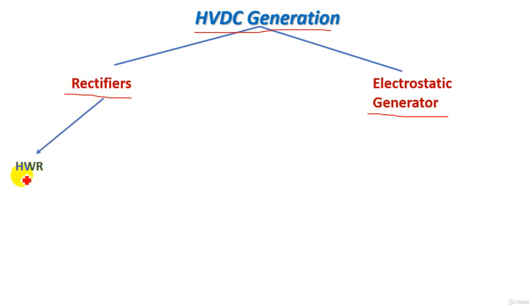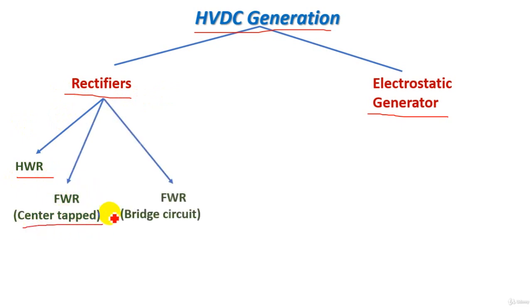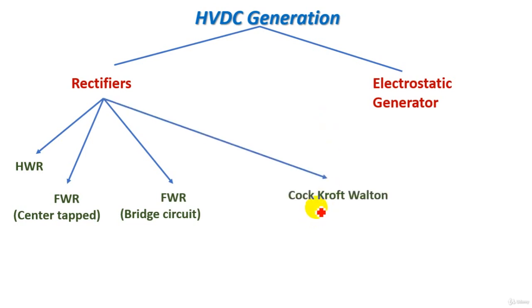A rectifier circuit can be a half-wave rectifier or a full-wave rectifier using a center-tapped transformer, or a full-wave rectifier using the bridge circuit, or using the Cockcroft-Walton circuit, which can be a voltage doubler or voltage multiplier.